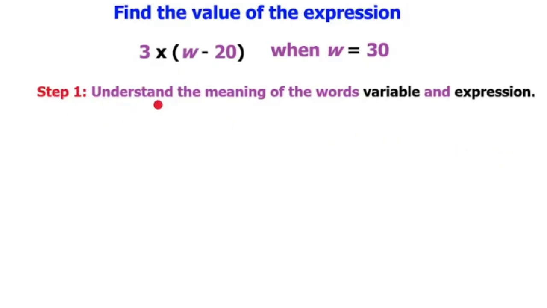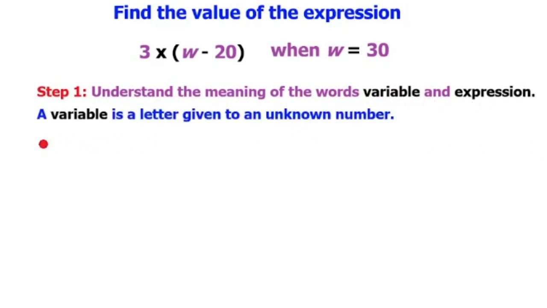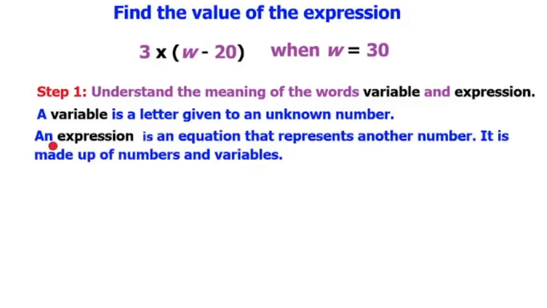First thing to do is to understand the meaning of the words variable and expression. A variable is a letter given to an unknown number. Here, the unknown number is w. An expression is an equation that represents another number. So this represents another number. You might not think that right now, but you will at the end.